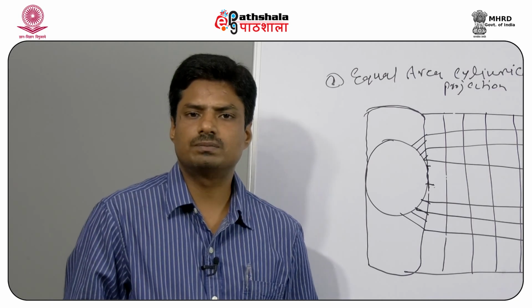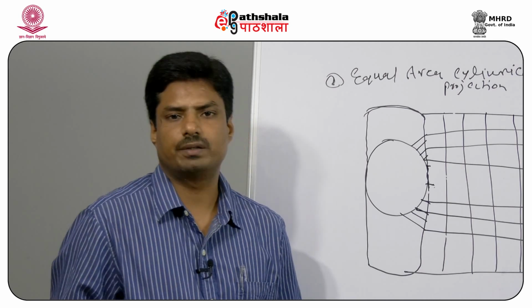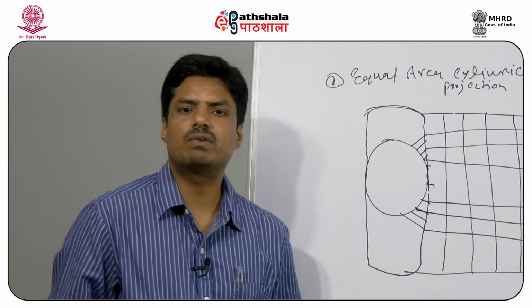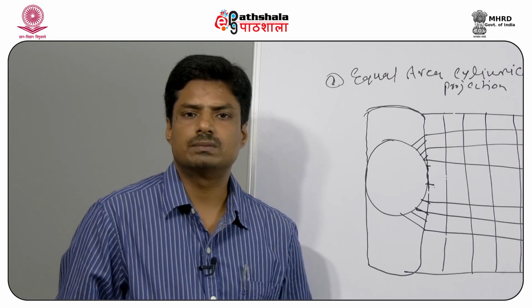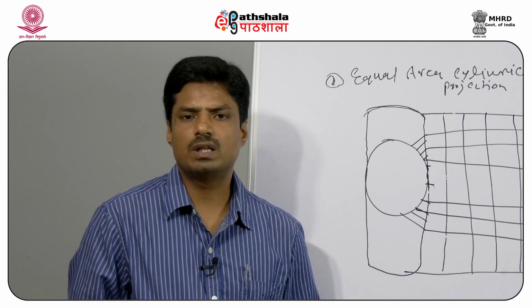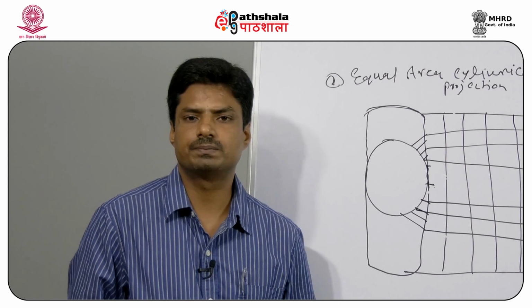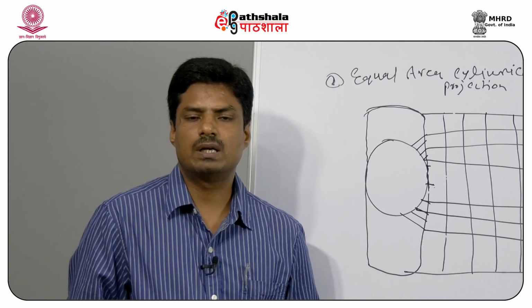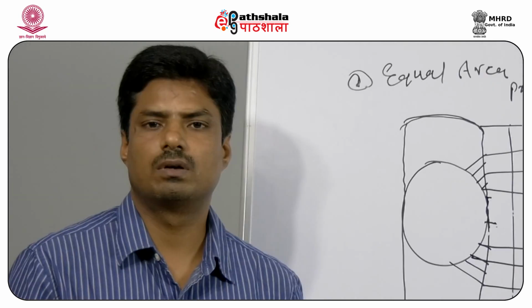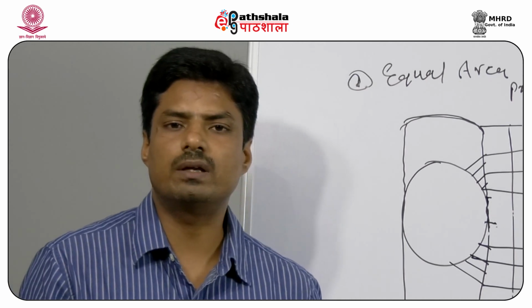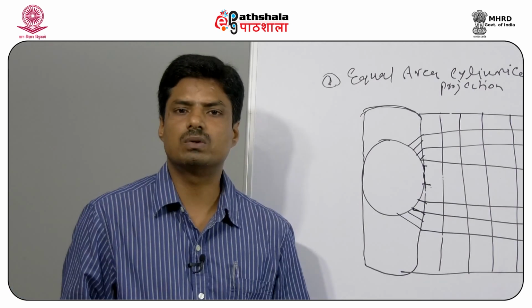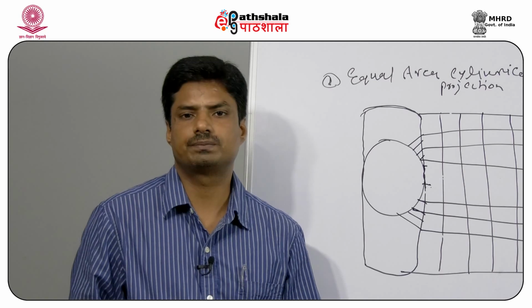Mercator was a native of Britain, and you know Britain was a sea power at that time. The most important thing in Mercator's projection is that it is orthomorphic, which means it is true in shape, and also it is true of direction.